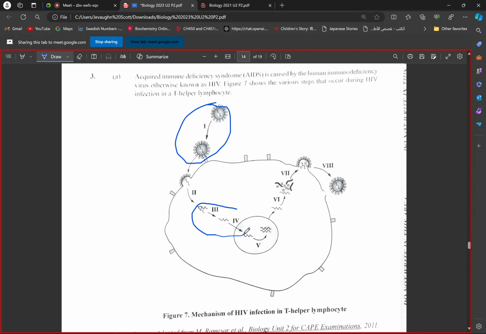Then using the cellular machinery to produce new viral components, and then the release of the new virus into the bloodstream. So those general 4 areas, 1, 2, 3, and 4, are probably what I would choose, because those are the most important. Those are really the essence of what is happening here.